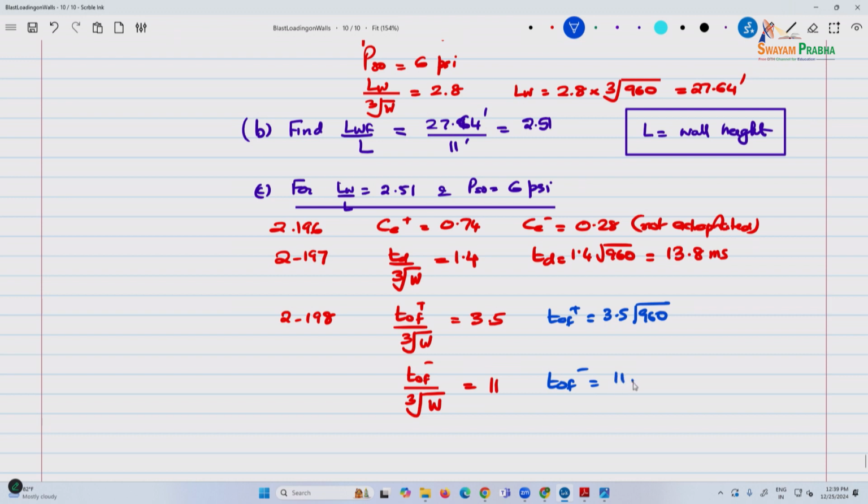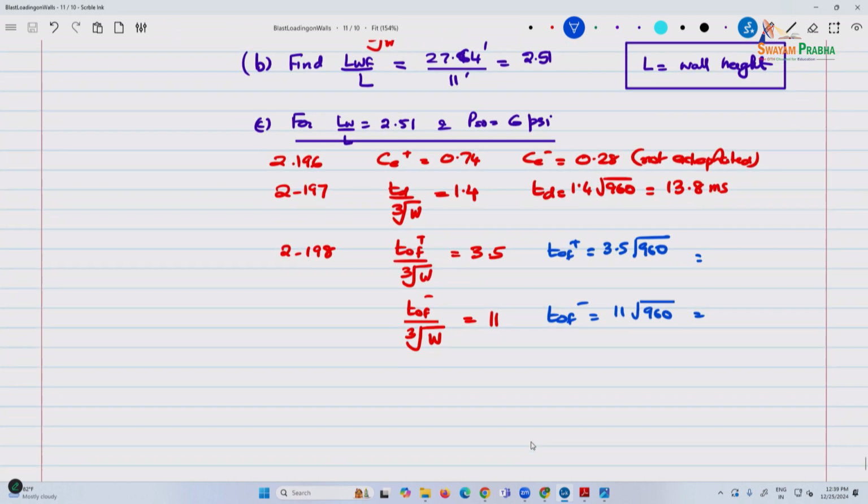TOF negative is 11. What are those numbers? 34.5. Okay.